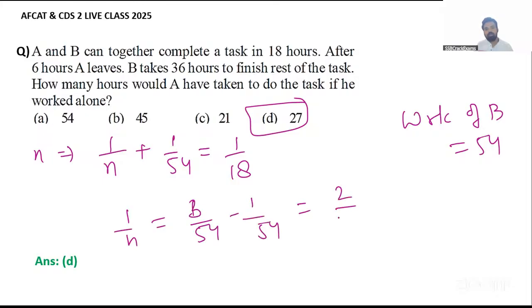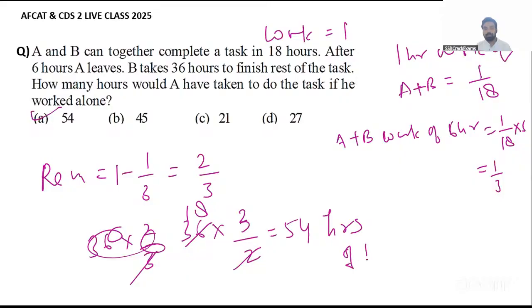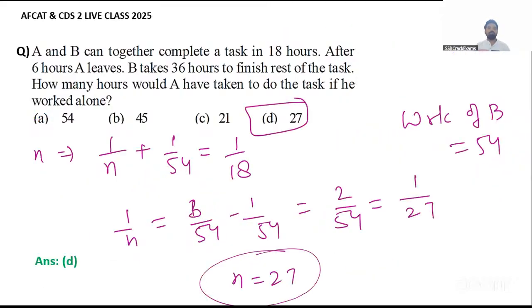It is 2 upon 54, which is 1 upon 27. So n is equal to 27. The 54 hours was B's work, not A's. A's work is just simple.